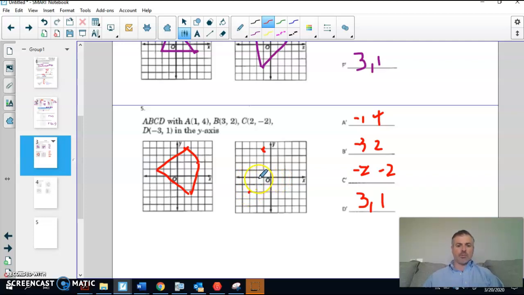Oh, so -2, -2. Something's wrong. So hold on. So this one was -3, 2. Oh, shoot. -3, 2 is this direction. 1, 2, 3, 1, 2. Sorry about that. Let's erase that other dot. And then, so where am I at? So -2, 2. -2, -2. Right there. And then 3, 1. 1, 2, 3, 1. So there's reflected over the y-axis.